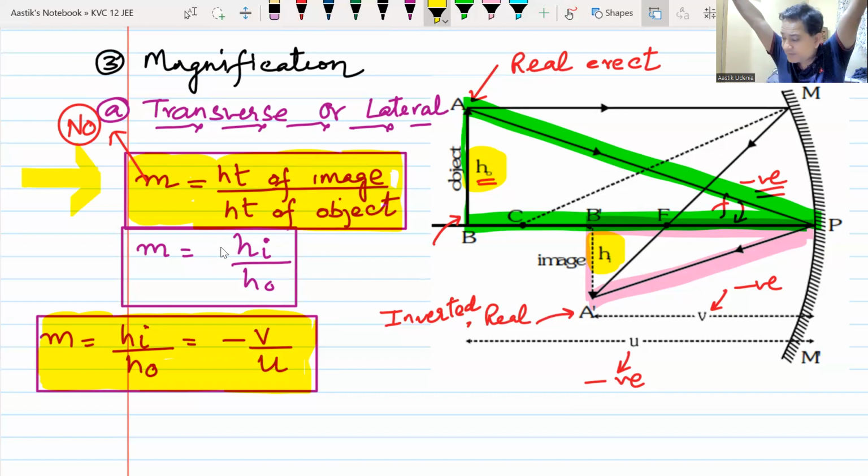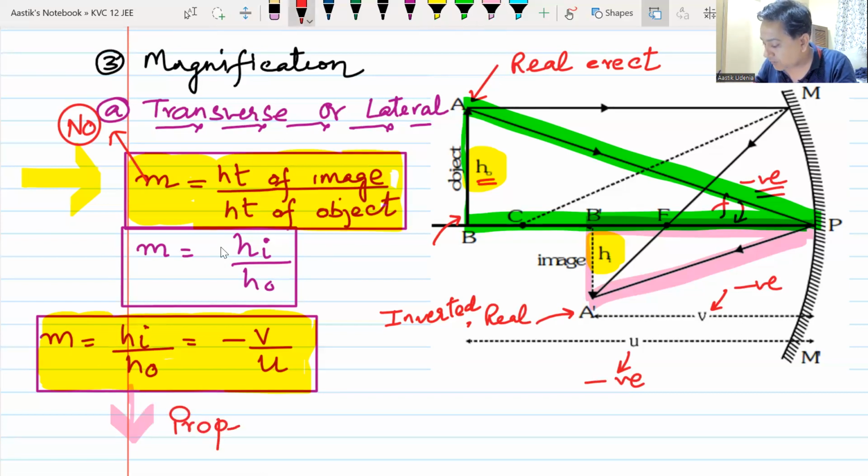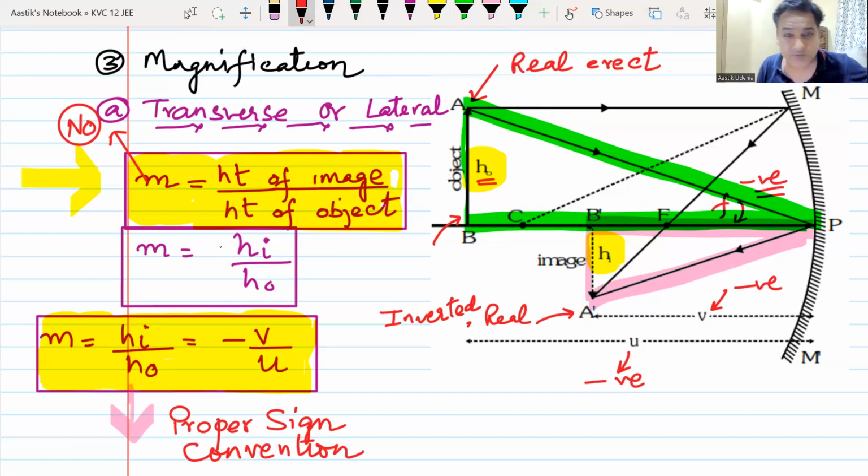Can I have some raised hands that we understand this? Now remember, whatever formula we derive has to be used with proper sign convention, because if I don't use sign convention, things will go wayward.